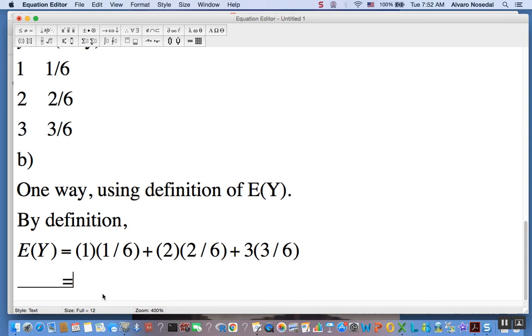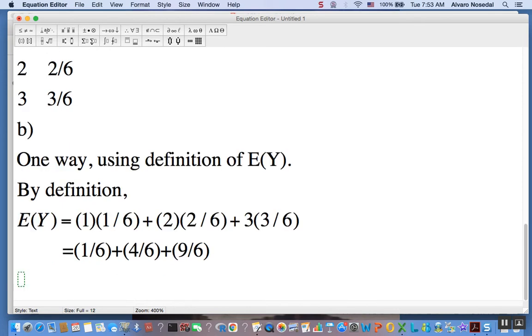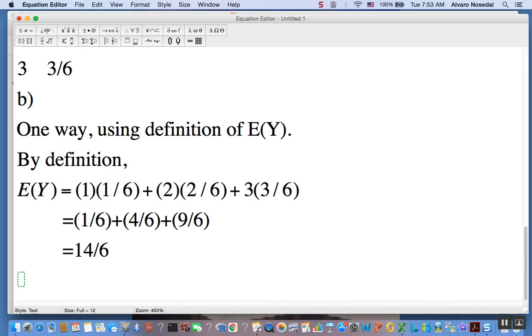Then this would be 1 over 6 plus 4 over 6 plus 9 over 6. And then what we have is 14 divided by 6. That's using the definition of expected value.